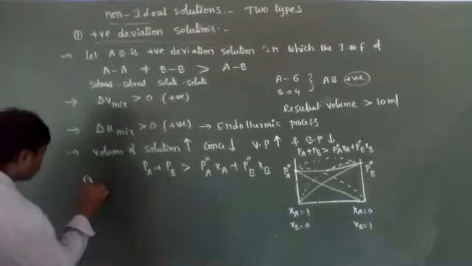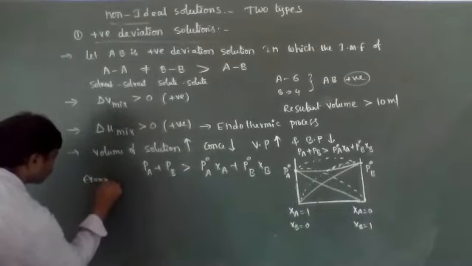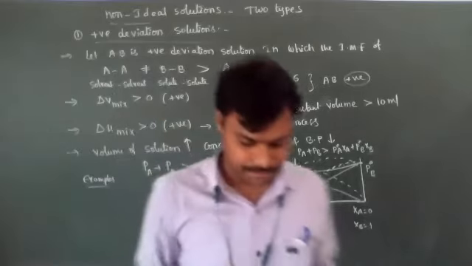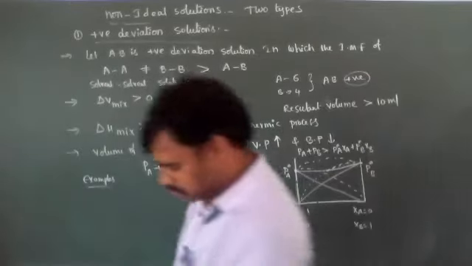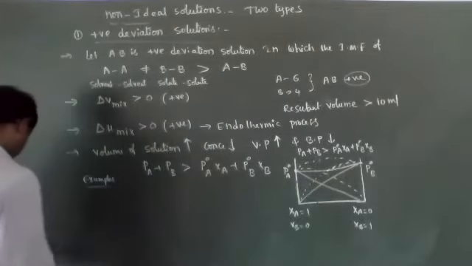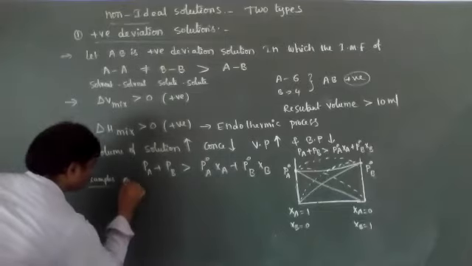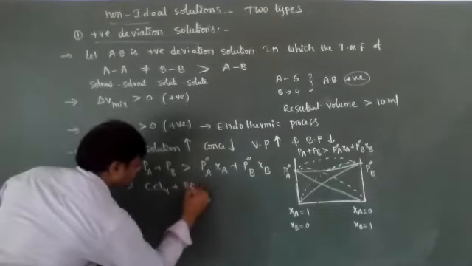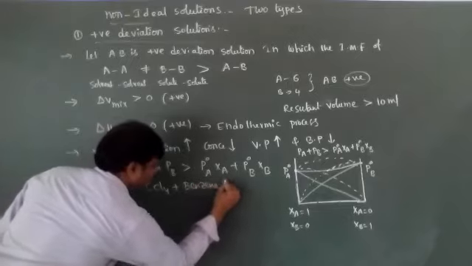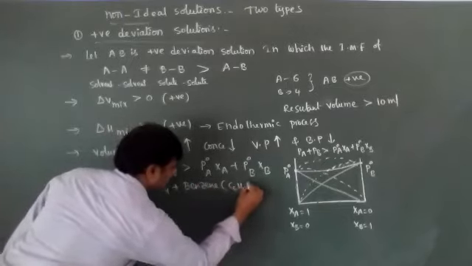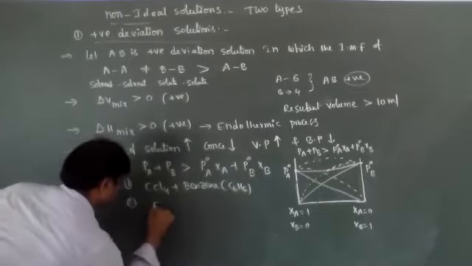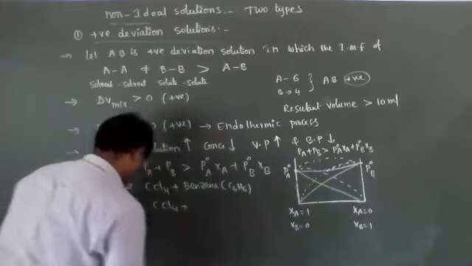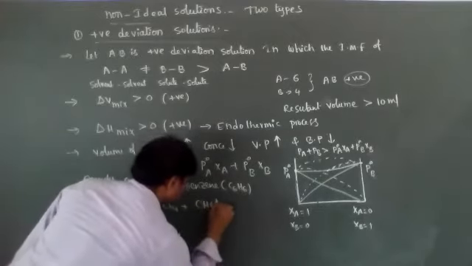Now the examples for positive deviation solutions. Dear students, examples are very, very important. The examples for positive deviation solutions: carbon tetrachloride plus benzene, C6H6. The second one is carbon tetrachloride plus chloroform, CHCl3.